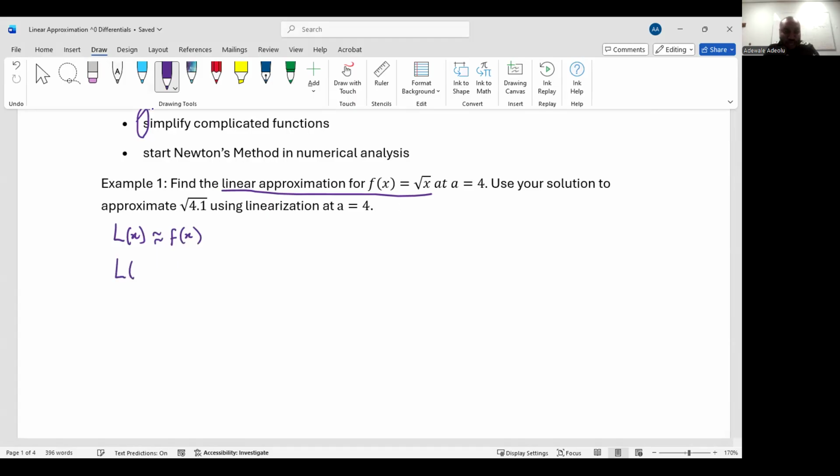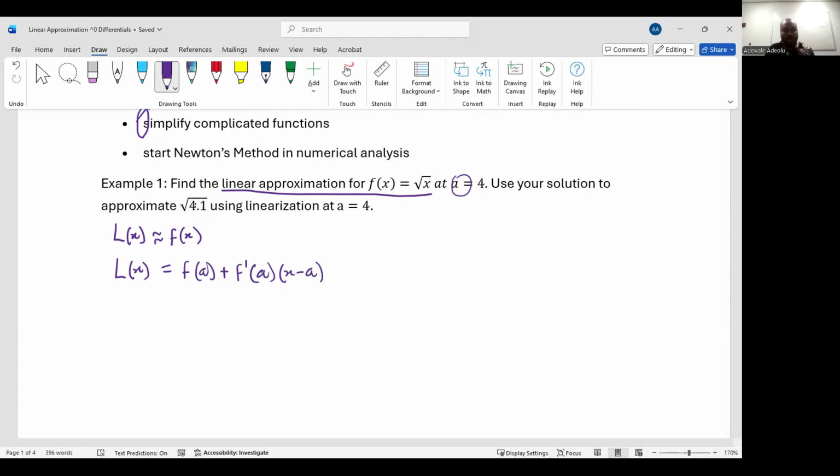And we know that L of x equals f of a, at a equals 4. Maybe for the first time, let me write the formula: f of a plus the derivative of f at a multiplied by x minus a.